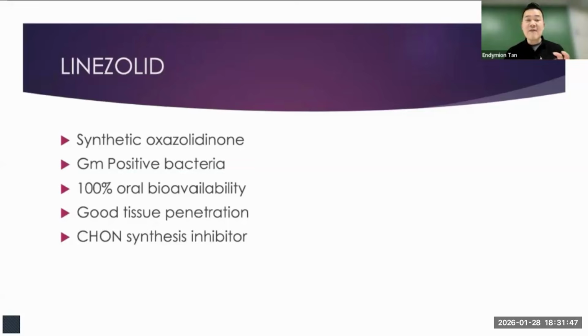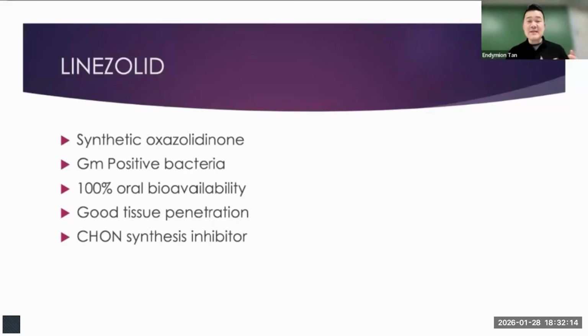Your linezolid would have a very good bioavailability. In fact, your parenteral or intravenous bioavailability is almost equal to your oral bioavailability of 100%. And this linezolid would also have very good tissue penetration. It can also cross the blood-brain barrier. So this would be a very good antibiotic choice against your MRSA infections.